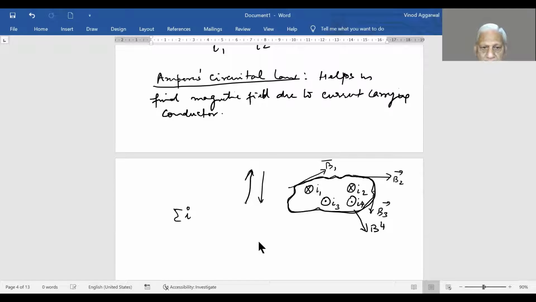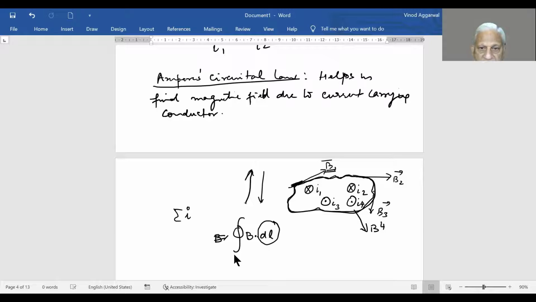What you do is you take a small length of conductor, which is dl, take a dot product with the magnetic field at that point, and then do a line integration of this.